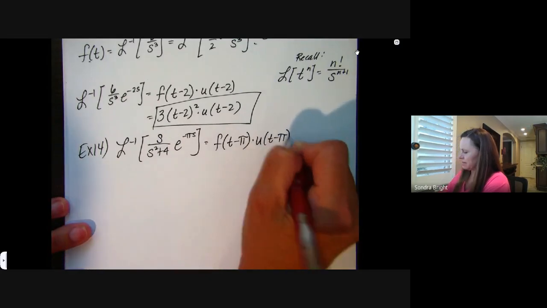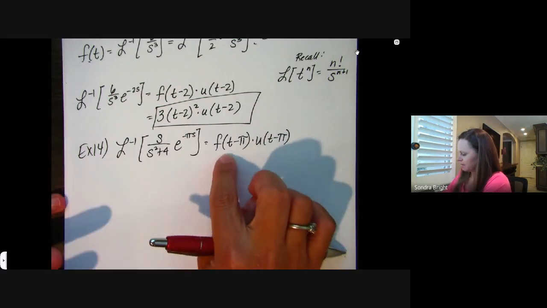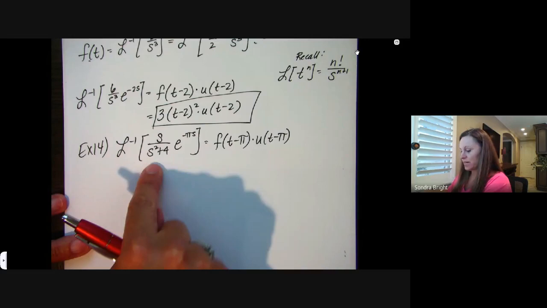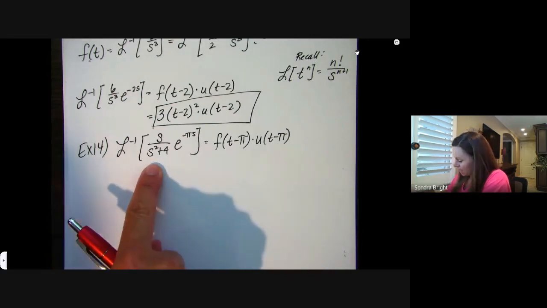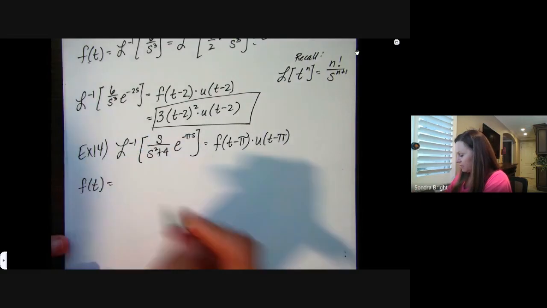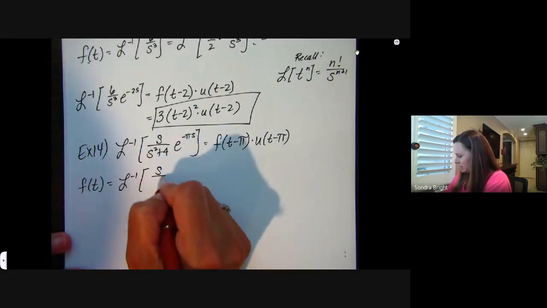The u of t minus pi will stay the same. It's f of t that we have to find. But s over s squared plus 4 is your big F of s, so little f of t will be the inverse Laplace transform of s over s squared plus 4.